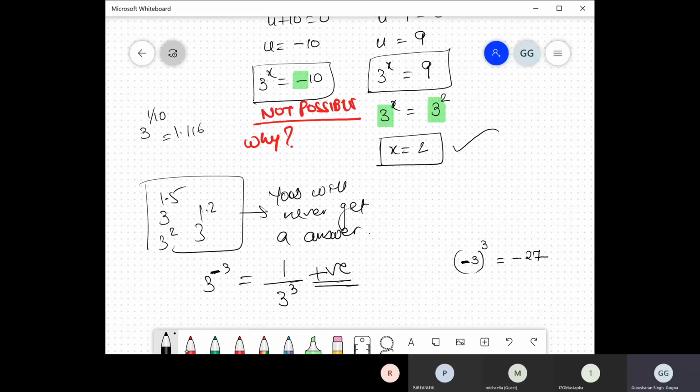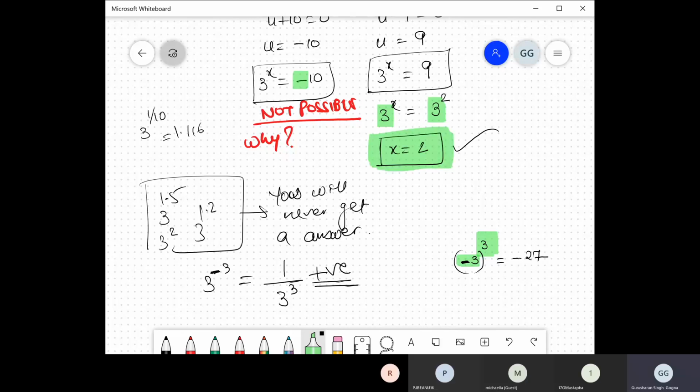But you cannot get a negative answer using any positive, negative, fraction or decimal power. In order to get a negative answer, your number has to be negative. So that's why you just have to say this is invalid. The only applicable answer here is x equal to 2.